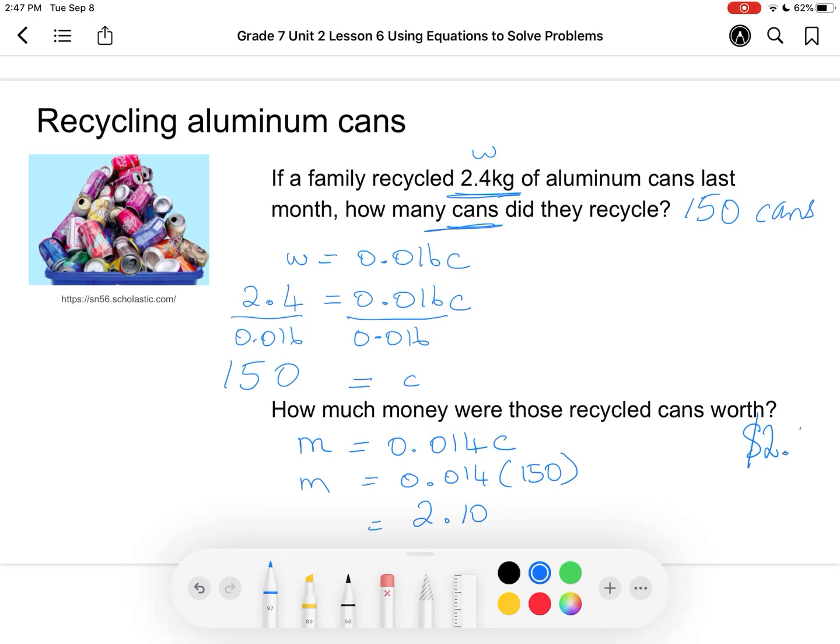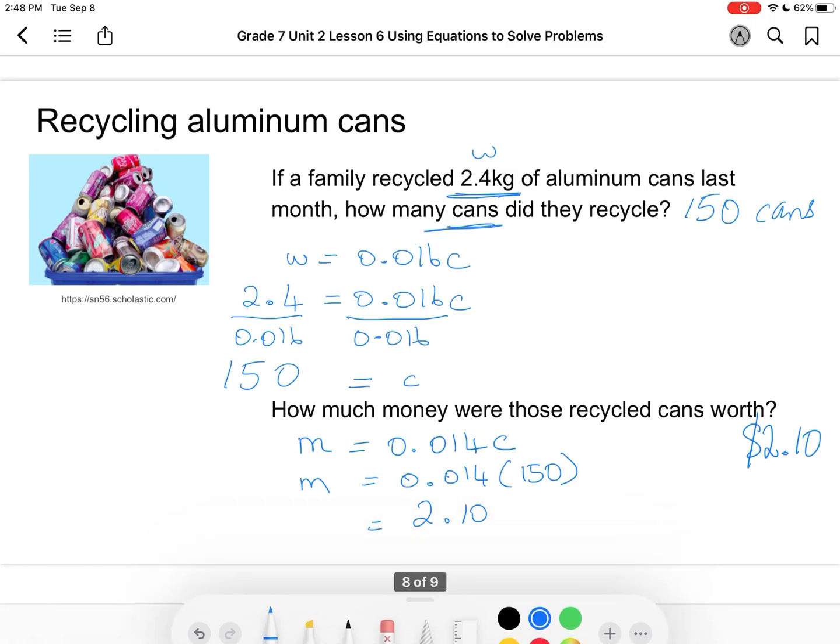So how much money were they worth? $2.10. So that's how we used the steps of calculating the constant of proportionality, assigning the variables, writing an equation, substituting values for the variables in the equation, and solving.